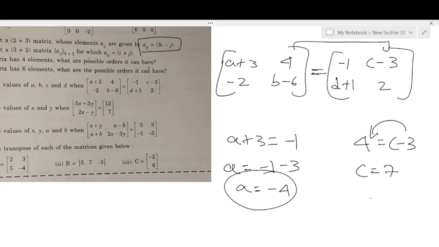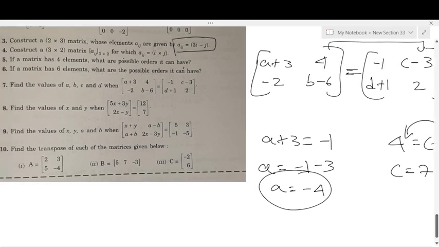Okay, matrix addition, multiplication. This question is simple, students. This one is simple. For the eighth and ninth one, we have to use a quadratic equation.